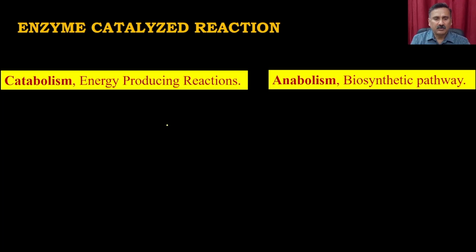Anabolic reactions are used for synthesizing new molecules, whereas catabolic reactions are where the biomolecule is broken down or oxidized to generate energy. Enzyme activity means the enzyme is processing the substrate, and in that process it generates the product.